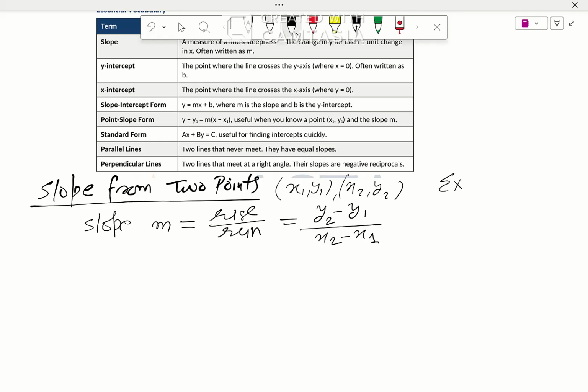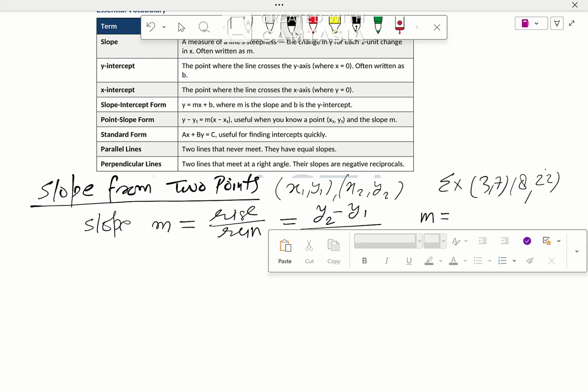Let us take up an example. You have two points, 3, 7 and 8, 22, and you have to find the slope of the line passing through these two points. As per the definition, the rise is y2 minus y1. What is y2? This. y1 is this.